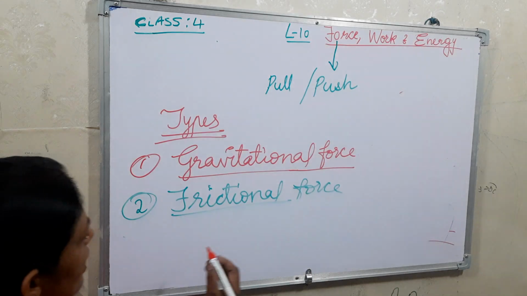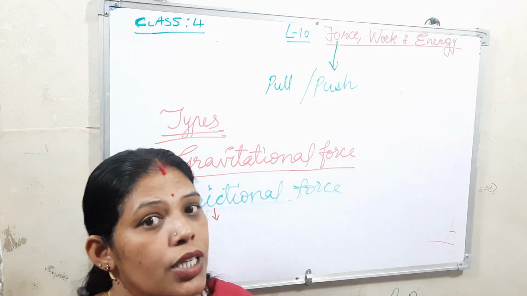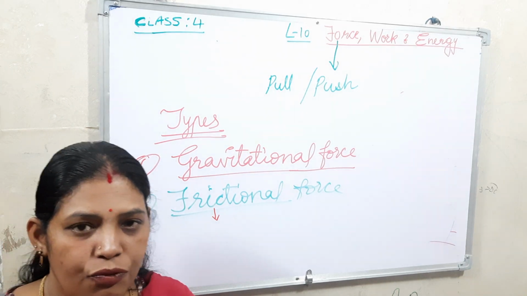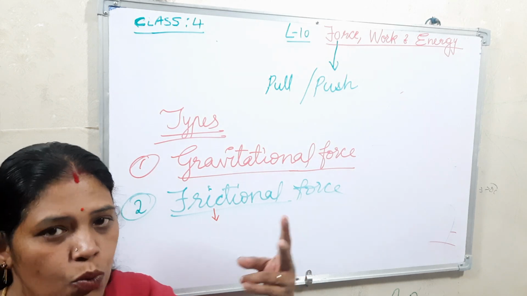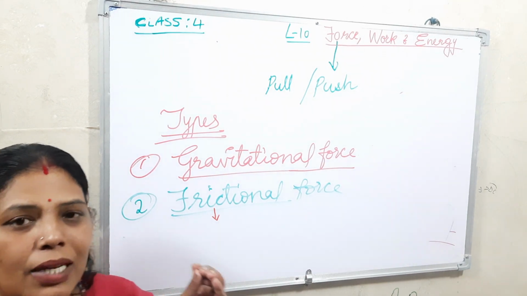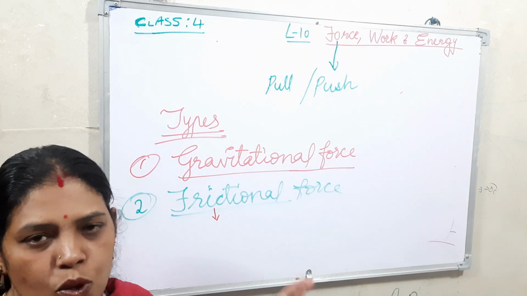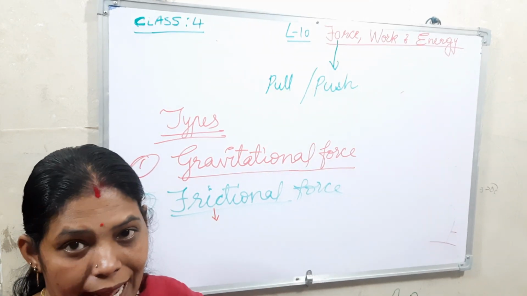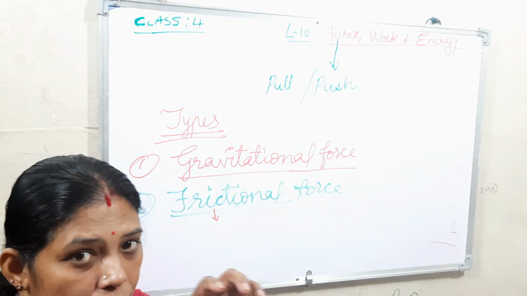And not only that, when we are walking on the ground, our feet touch the ground. So there is contact between the two objects, our feet as well as the ground. So both are having the contact, and that is because of the friction.